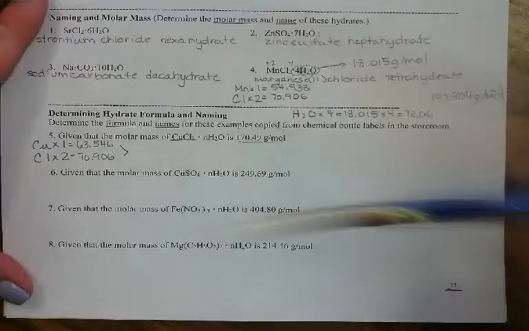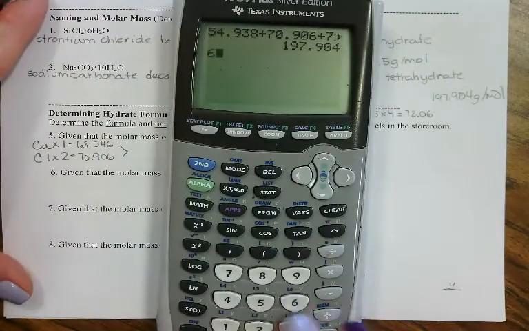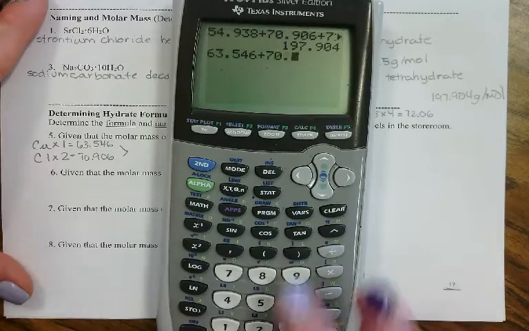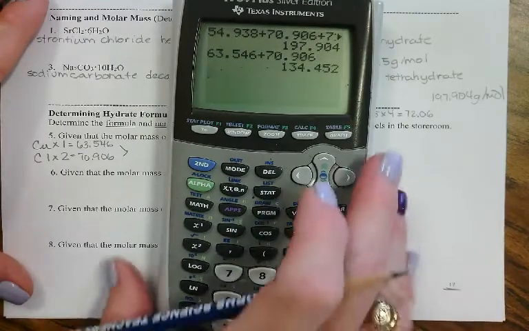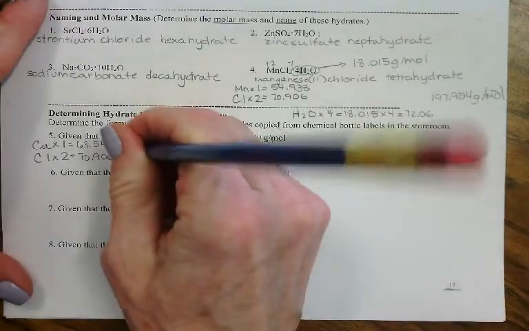So let me add those together. 63.546 plus 70.906. It's 134.452.